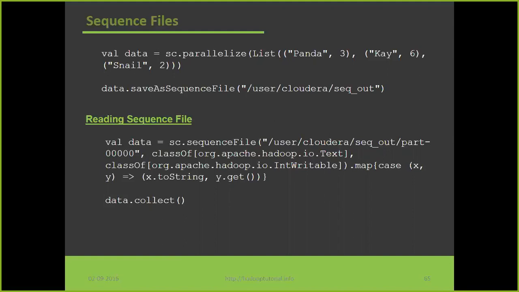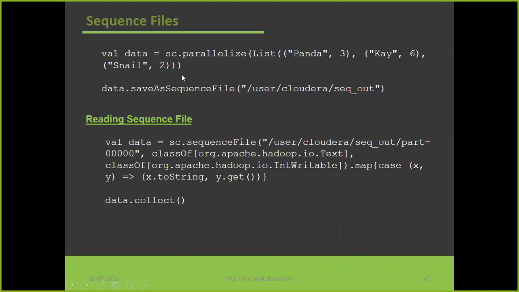In order to store a sequence file, we need our data to be in key-value format, because the sequence file format expects key-value pairs. Let's say I have a list of tuples, like string comma integer; each is a two-value tuple.